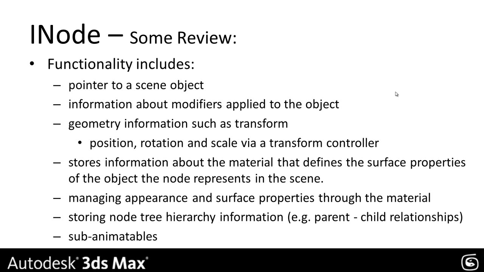Talked about that earlier today. It also stores information about the material and managing the appearance of surface properties through this material. And then it stores node tree hierarchy information, so this is where the parent-child relationship stuff comes in. And then there's also sub-animatables. So let's look at this in more depth.